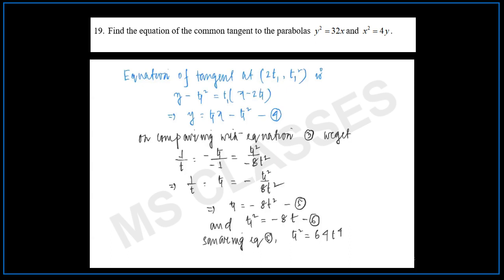Now using equation 6, we write minus 8t equal to 64 t to the power of 4. Now from this, 8t into (8t cube plus 1) equal to 0. Therefore, t equal to minus half.